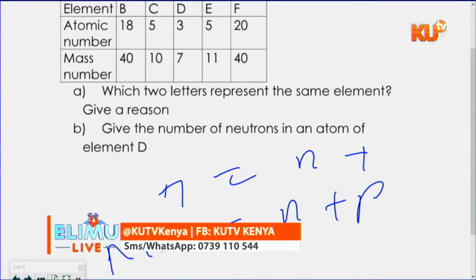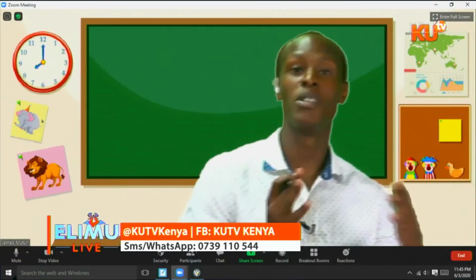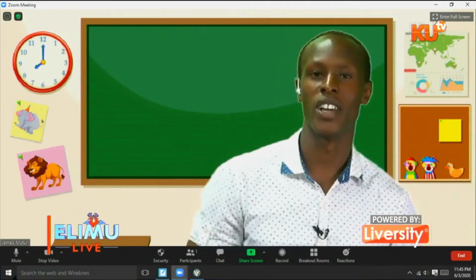So if the atomic number is 3, also the protons are 3. And now when you're at home, you can say N plus 3. If 7 equals N plus 3, what's your answer? That will be 7 minus 3 and you get 4.